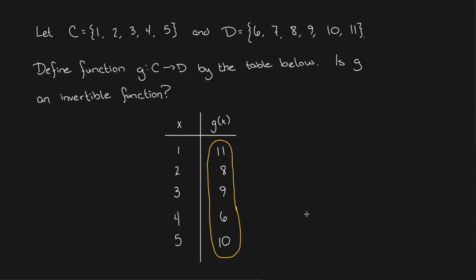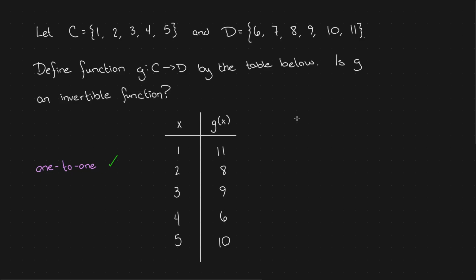I'd never get a duplicate. And so this function is one-to-one. For each output value, there is only one input value that corresponds to it. Well, it's one-to-one, so maybe this one will be invertible.